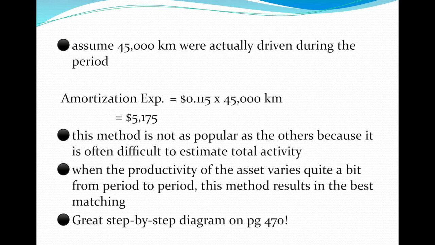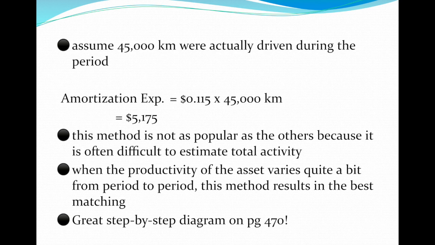If for whatever reason, like with COVID-19 right now, a lot of businesses are using far less of their capital assets than they normally would be, and they used the straight line method or the declining method, then that amortization amount wouldn't be as accurately matched to their revenue, because it looks like the asset is contributing to revenues far more than it is. Versus this method is based purely on the asset usage.